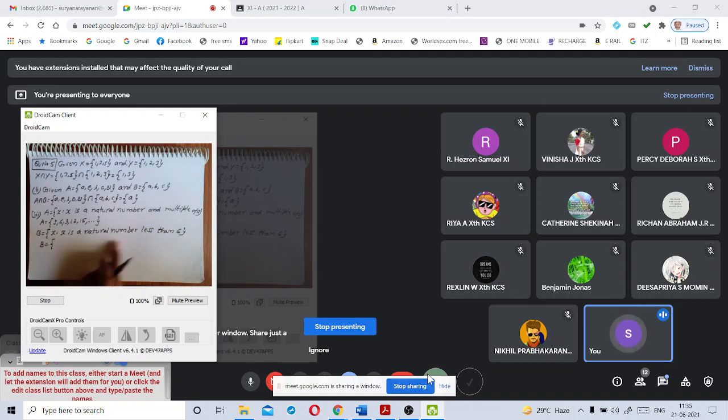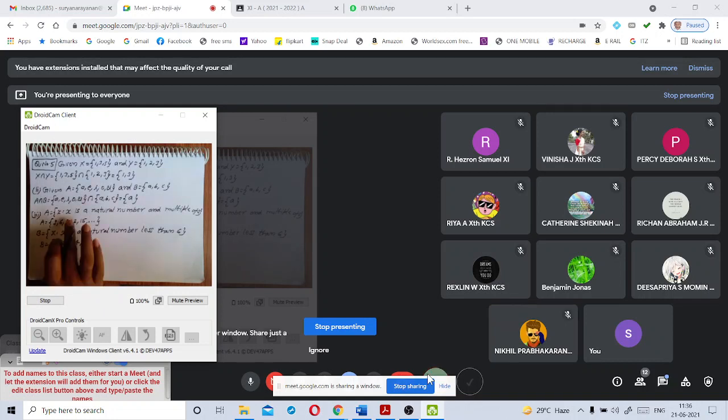X is a natural number less than 6. Can you tell me this set in the roster form? My dear Nikhil, can you tell me the roster form of this set B? Sir, B is equal to set 1, 2, 3, 4, 5. Very good.